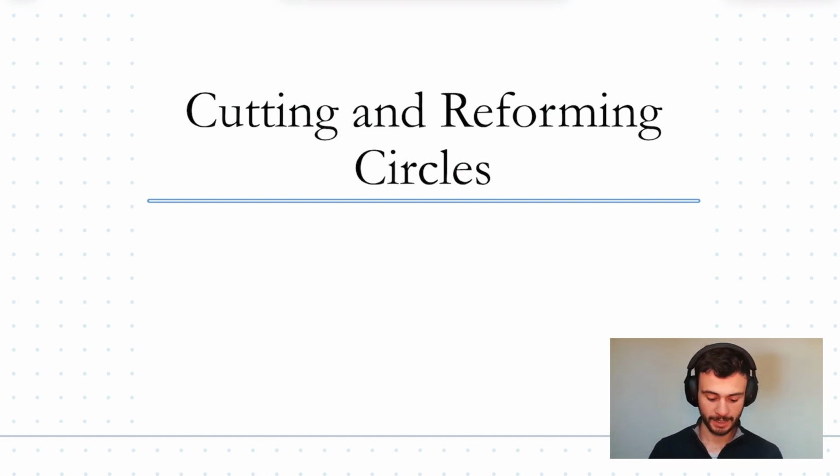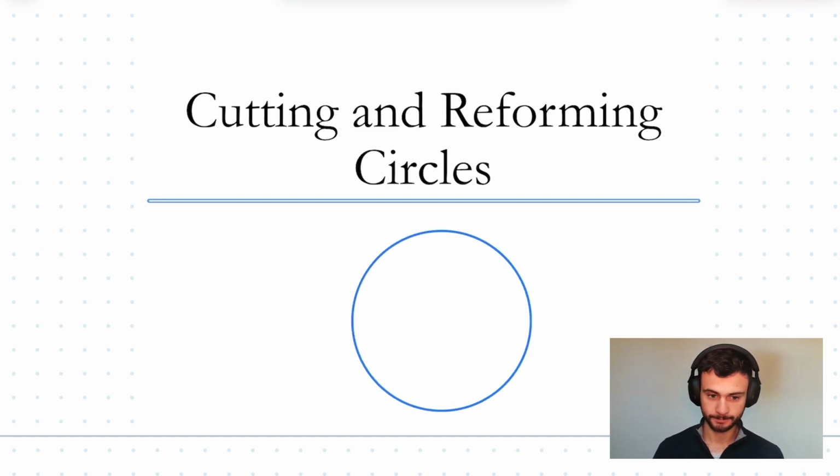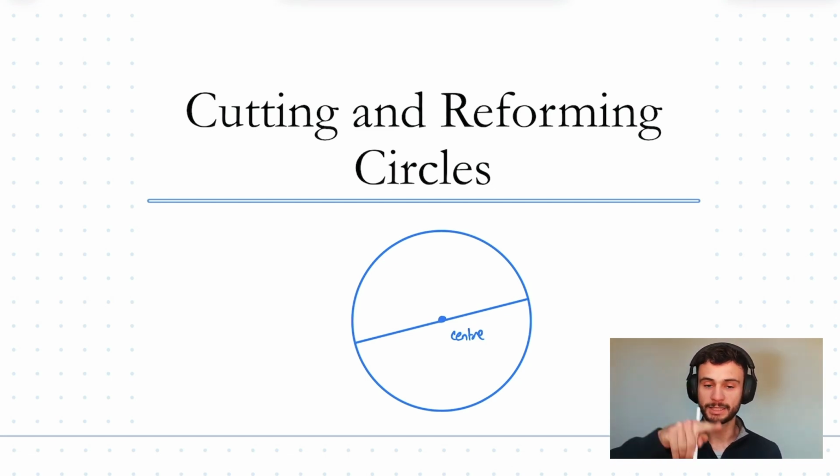So if we have a circle, there's a few key parts of a circle. Of course, there's the center. So the center is equidistant, so it's of equal distance to any point around the perimeter of the circle. Now, when we have a perimeter of a circle, we call it the circumference.